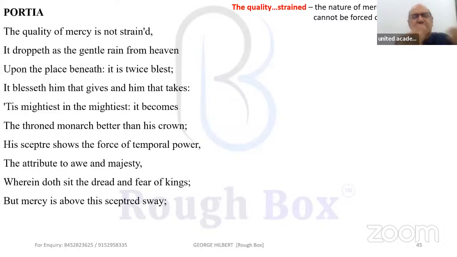It must come from you, from your heart. It droppeth as a gentle rain from heaven upon the earth beneath. Mercy is like rain which falls from heaven on this hot and parched earth.